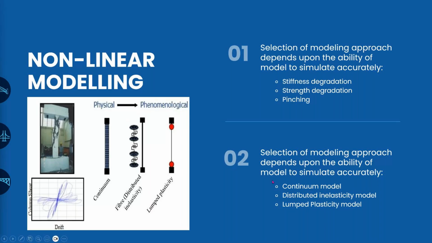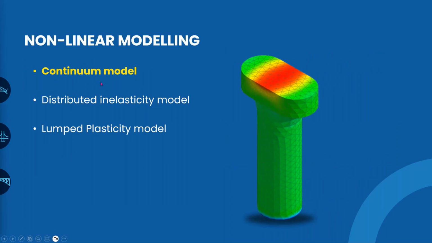So to consider this, there are different modeling approaches proposed. To simulate this effect, there is a continuum model that we could use, or a distributed inelasticity model, or a lumped plasticity model. So let us see one by one what these are and how we consider this in MIDAS. So the continuum model is basically a model with solid elements, all in all, and the computation of this kind of modeling is very difficult.